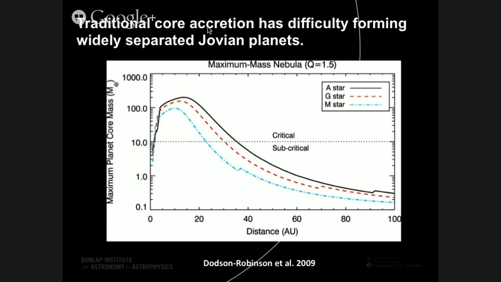What is plotted here is the mass of the core as a function of distance. You need to get above this critical line to have your planet form. Even for the most massive disk around the most massive star, the farthest out they can get the formation is about 40 AU or so, so not out where a lot of these planets have been discovered.